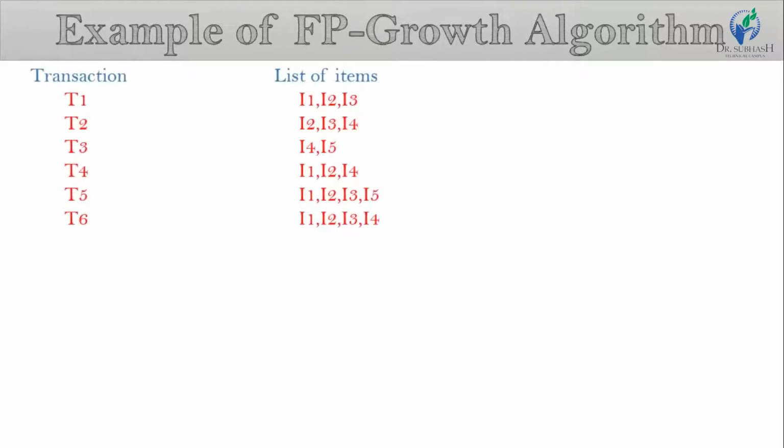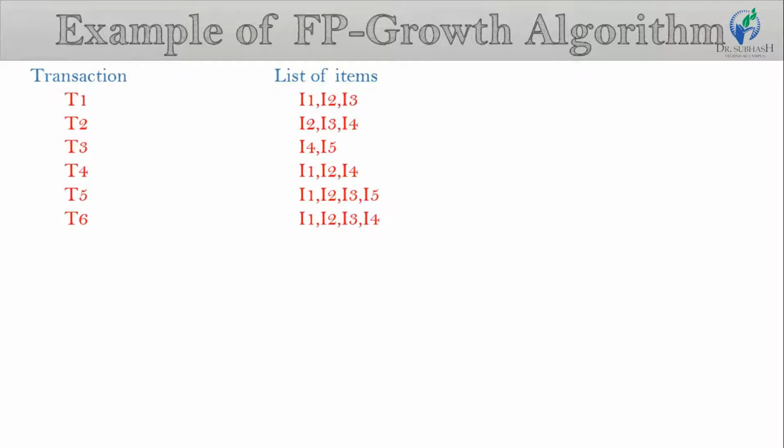Now see in the table we have 6 transactions, and those transactions include different items. Transaction T1 includes I1, I2, I3 items. Transaction T2 includes I2, I3, I4 items. Transaction T3 includes I4, I5 items.